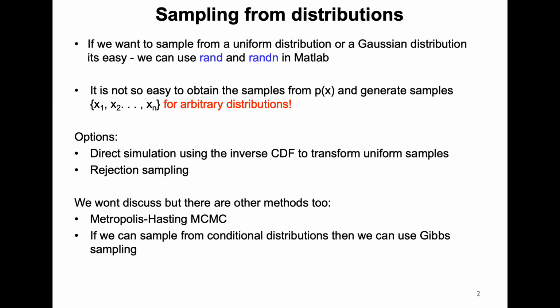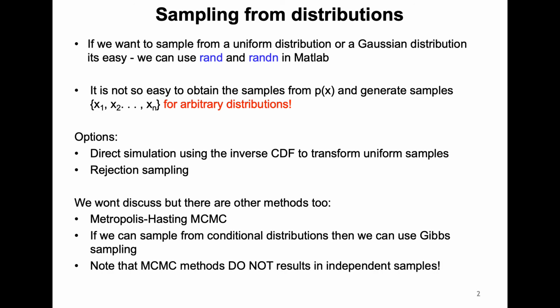We're not going to touch on other sampling methods, but it's important to know that there's a great pile of them out there that are used quite a lot. We're just looking at some quite simple things here. These Markov chain Monte Carlo methods don't result in independent samples, whereas what we're going to do will.